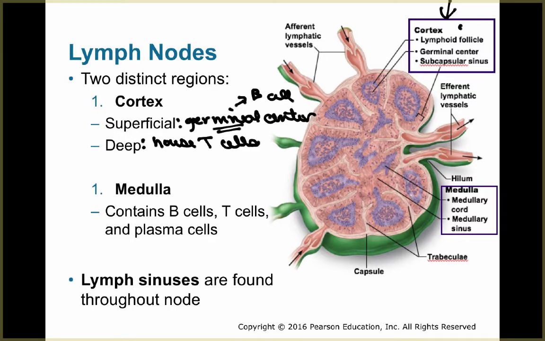Basically, these are the guys that are in transit. T cells are always moving continuously, basically among blood, lymph nodes, and lymph, right? And if you see the cortex here, the superficial is going to be towards the outside.